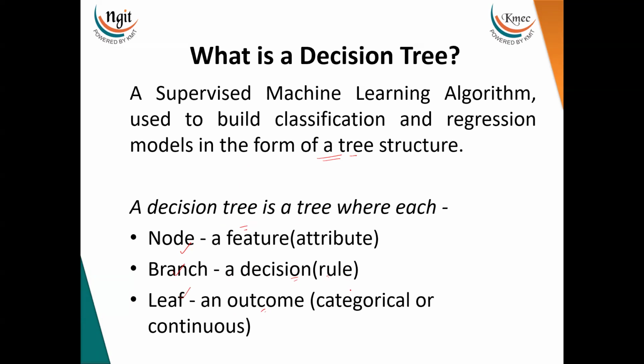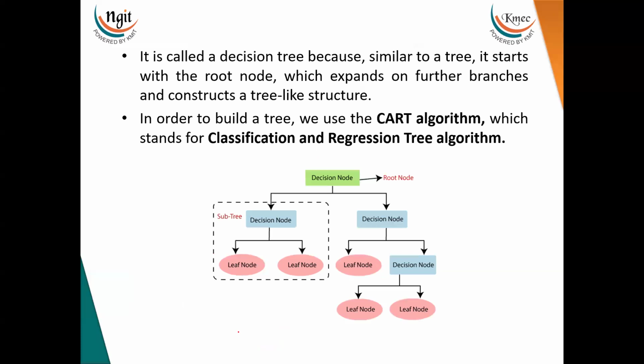For a classification algorithm, the outcome is categorical. When the decision tree is used for regression, the outcome is continuous. It is called a decision tree because it looks like a tree and starts with the root node, which expands on further branches and constructs a tree structure.